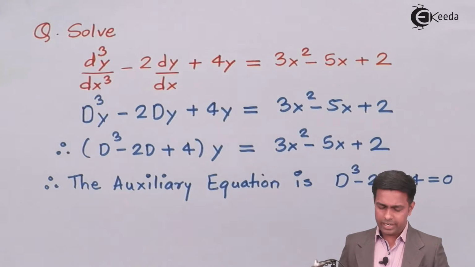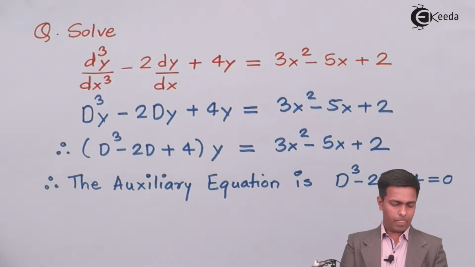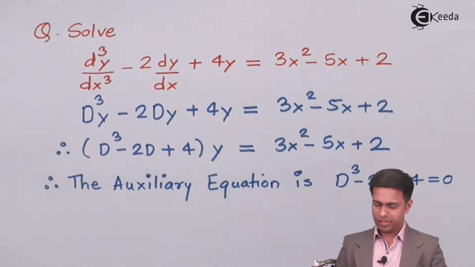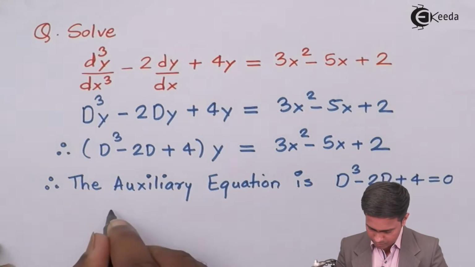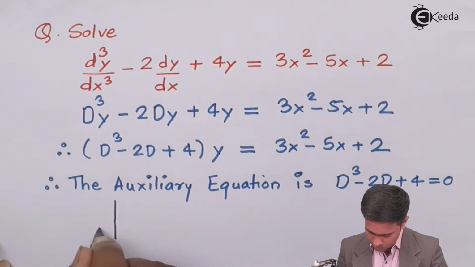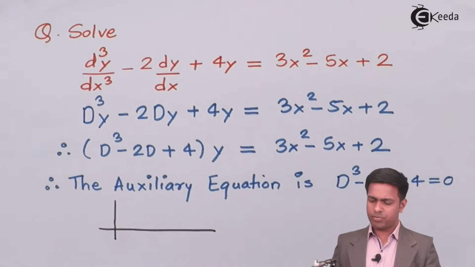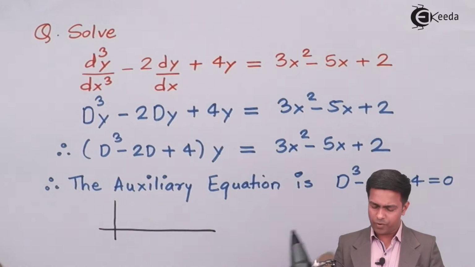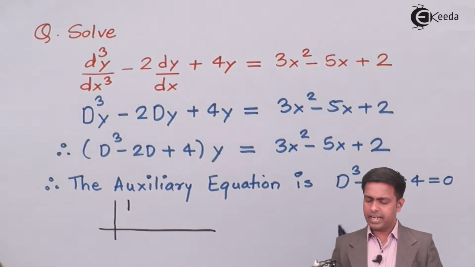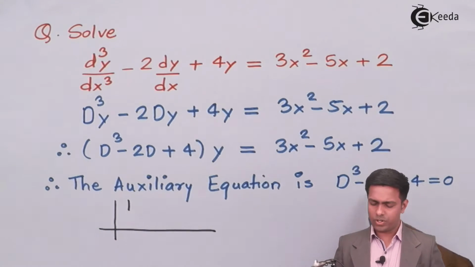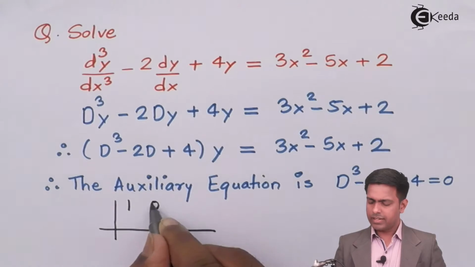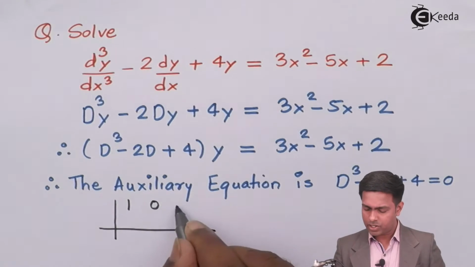So accordingly, in the synthetic division method, we write the coefficients of all terms. So here D cube is having coefficient 1. Then the D square term is not there, so the coefficient is 0. Then for D the coefficient is minus 2.